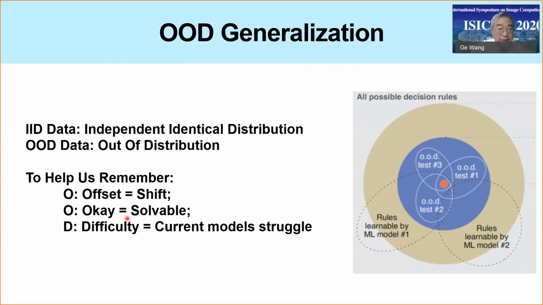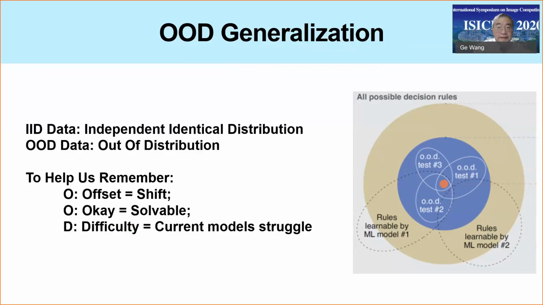That's not good. And the difficulty means when you give the network a new testing data set, the data set should be quite challenging. You cannot just present a quite different data set that is easily solvable.